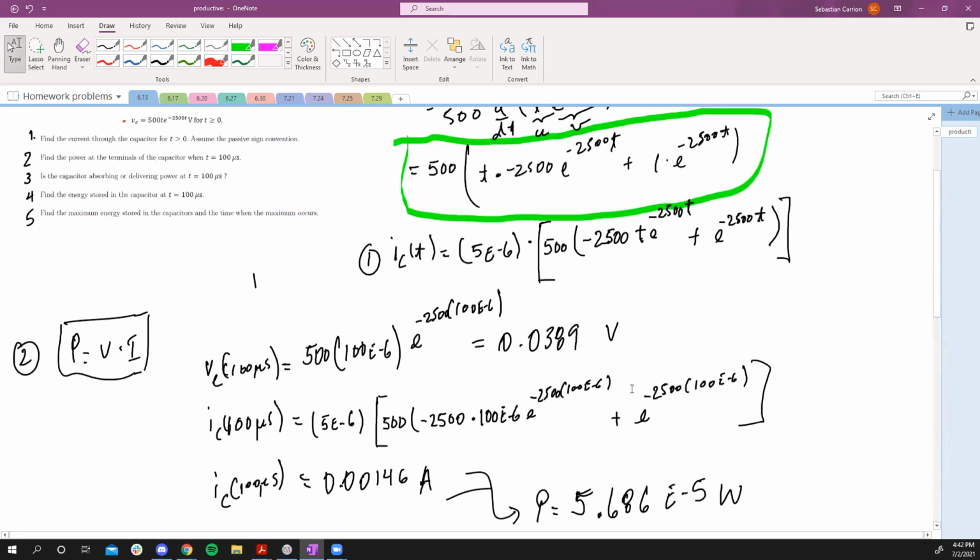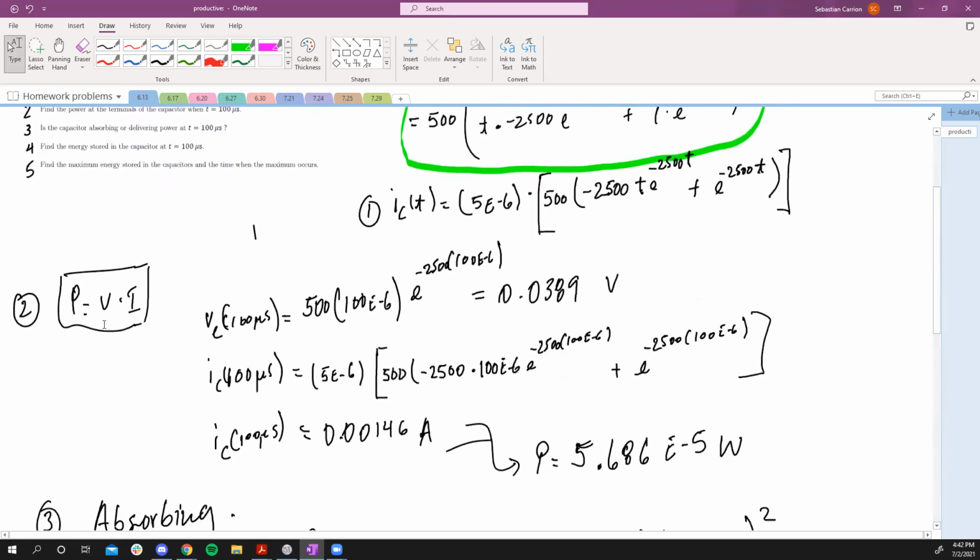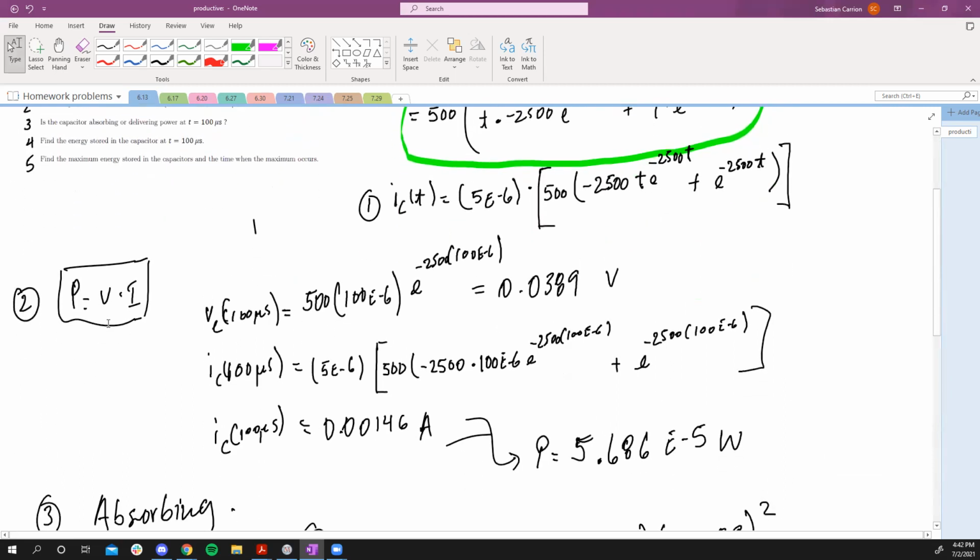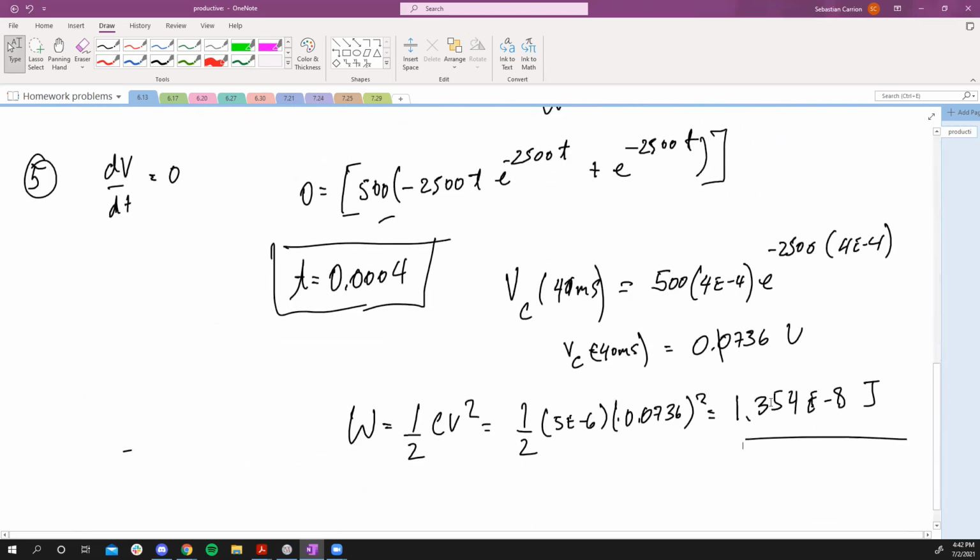So the max energy stored in the capacitor at the time when the maximum occurs is this value.